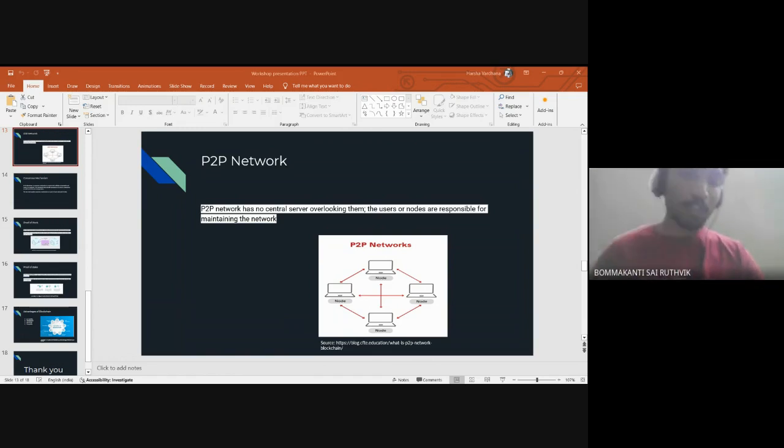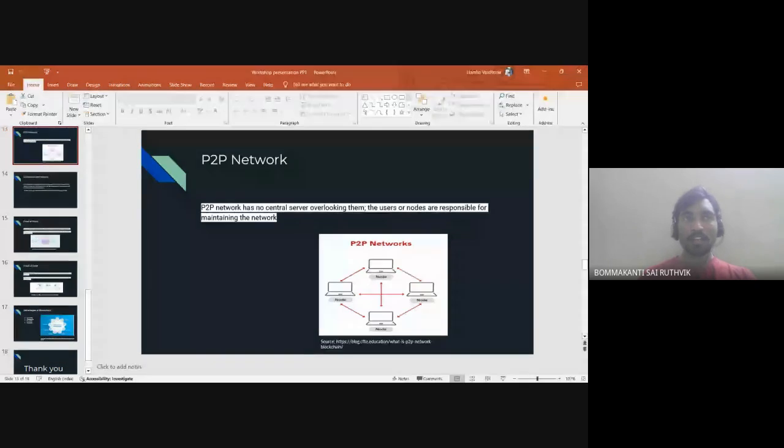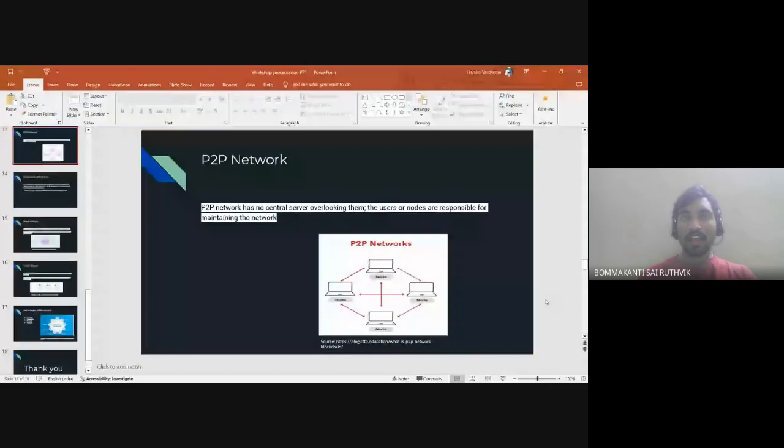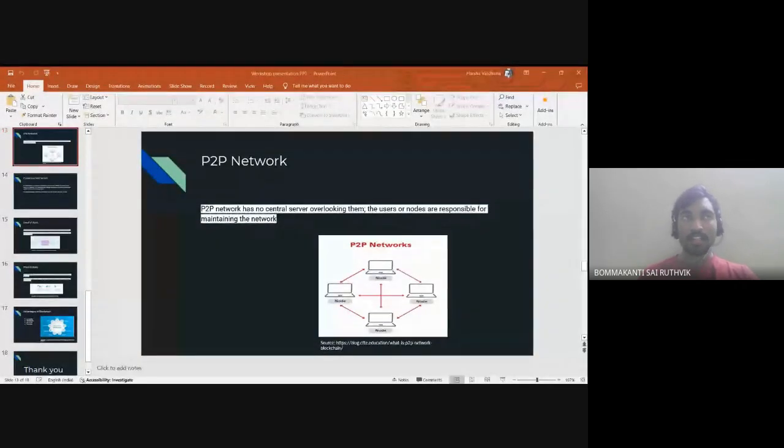Coming to the P2P network. A P2P network is a decentralized network structure with each node acting as both client and server. In a P2P network, there is no central authority responsible for managing the data, and so we can achieve scalability and fewer dependencies.